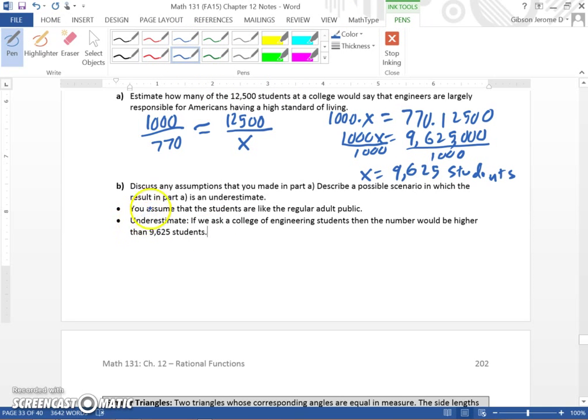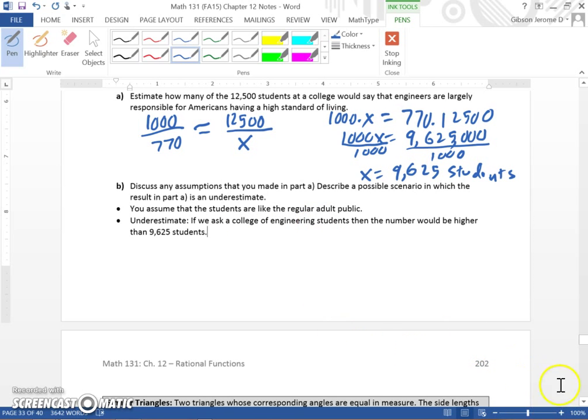For the first part, you assume that the students are like the regular adult public. That will take care of your A. Now for your B, where we have the underestimate, if we ask the College of Engineering students, then the number would be higher than the 9,625 students. So those are the answers for those problems.